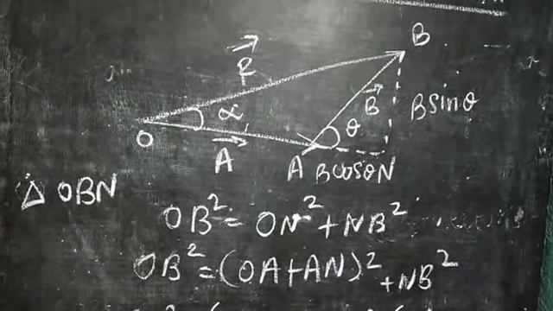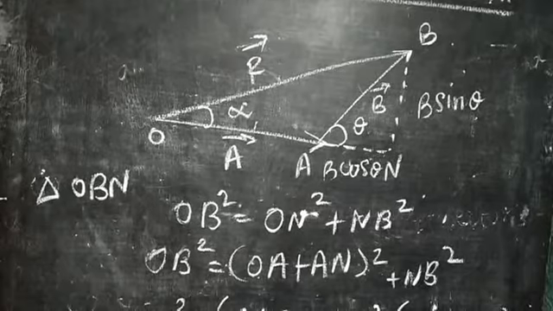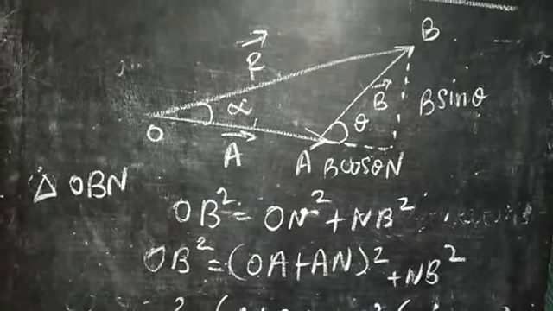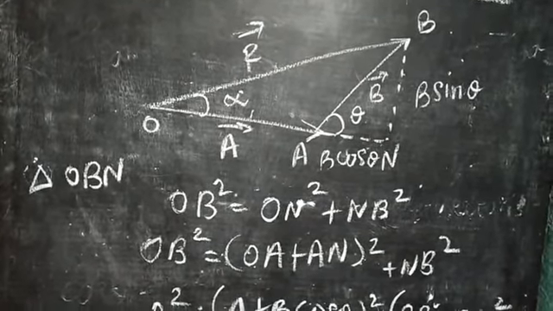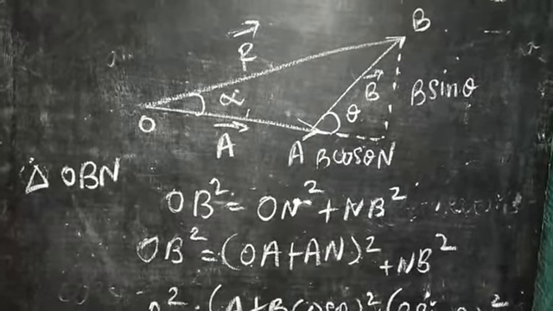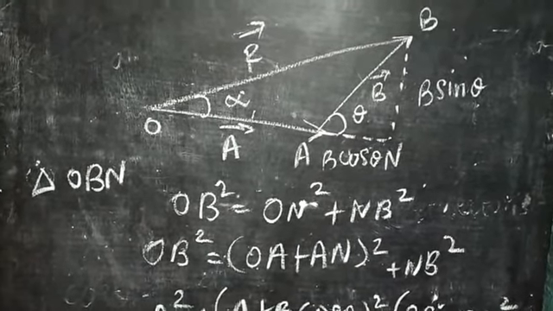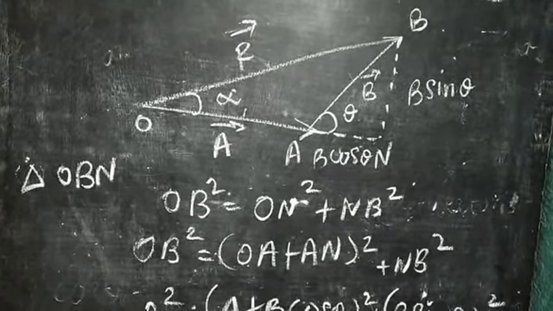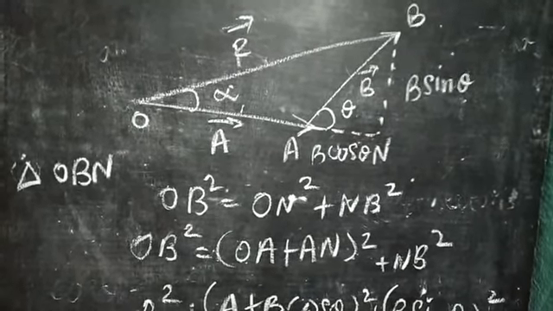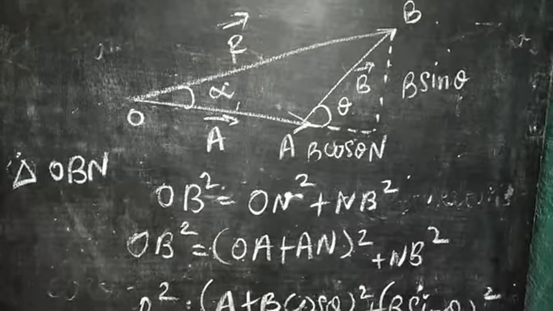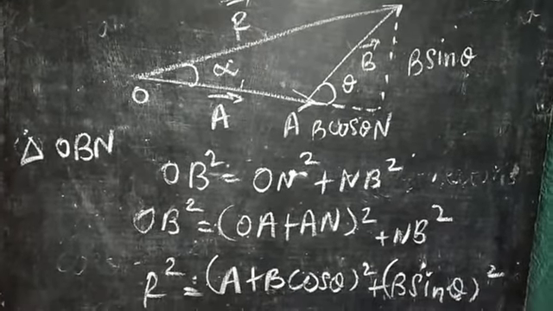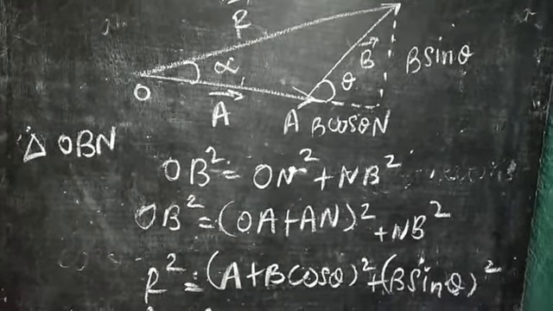Substituting, OB square is equal to OA plus AN whole square plus NB square. From the diagram, OA equals A vector, AN equals B cos theta, NB equals B sin theta, OB equals R. So R square is equal to A plus B cos theta whole square plus B sin theta whole square.